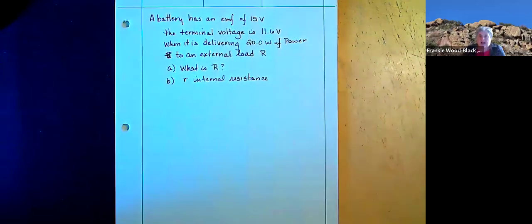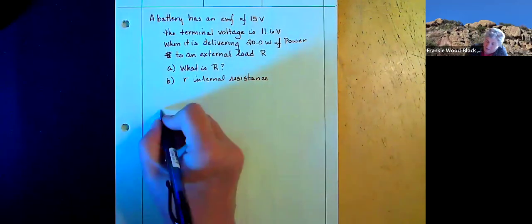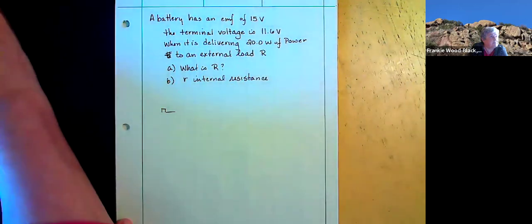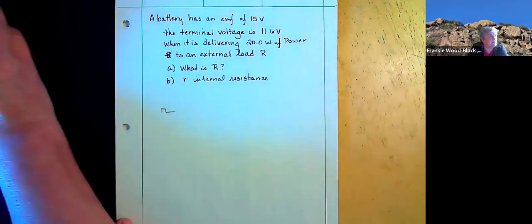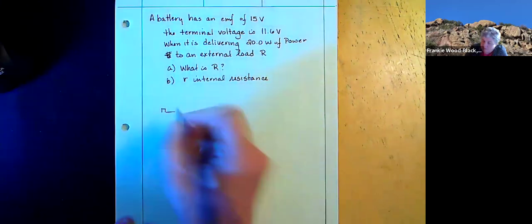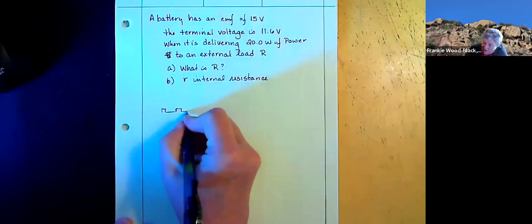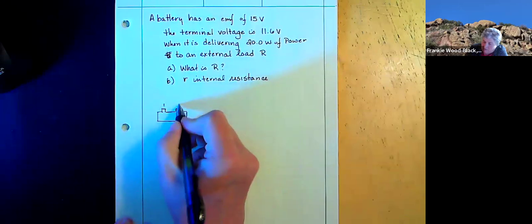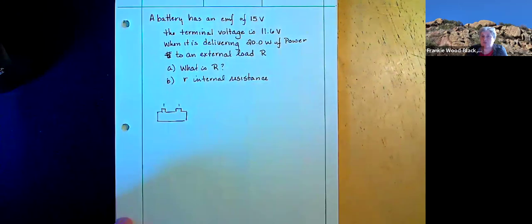So let's kind of break out the problem a little bit. Basically what that's asking, so let's assume that we have, like, our regular 12-volt car battery. When it's talking about the terminal voltage, it's looking at that voltage across that part.